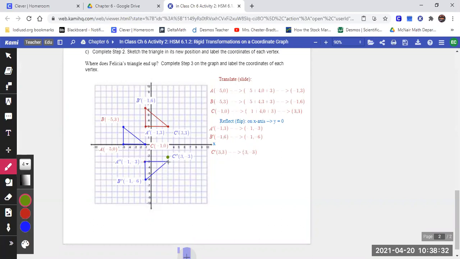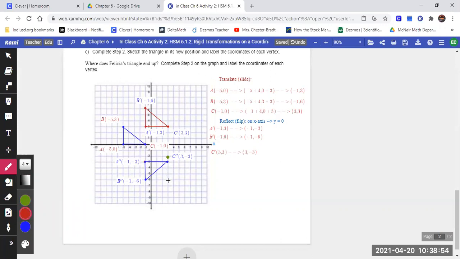Four. So I need to make my A 4 below. 1, 2, 3, 4. This is where my new A is going to be, because it's spinning down, but it has to stay the same distance.